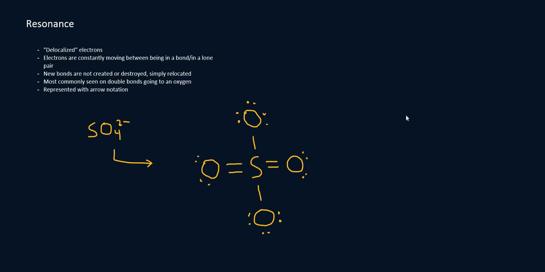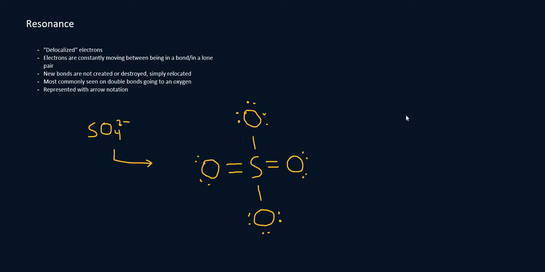If we form a new double bond in a molecule, then an existing double bond has to become a lone pair, and we'll see that in a minute. So it's a take and a give. We take away a double bond, but we put a new double bond in its place. It's just electrons constantly moving around. And like I said, most commonly we're going to see this going on with oxygen.